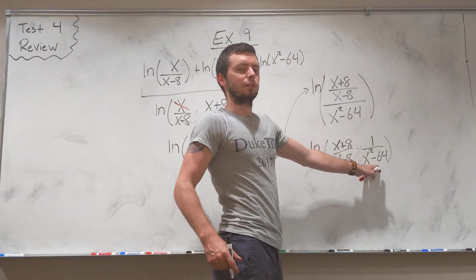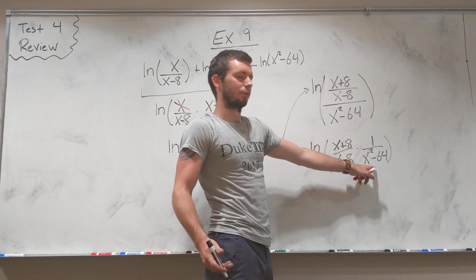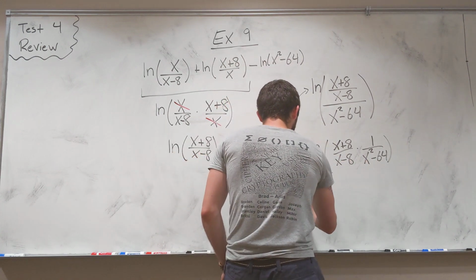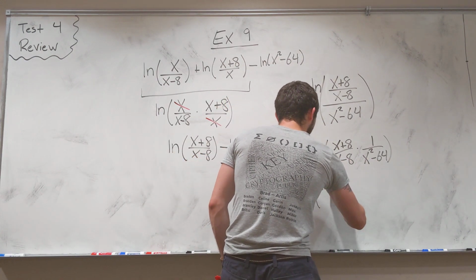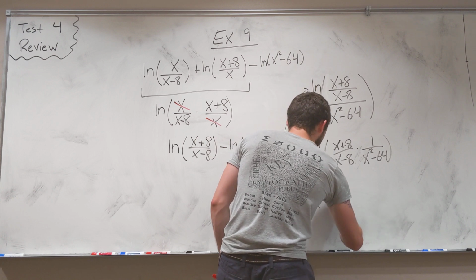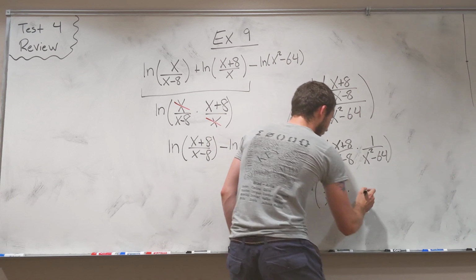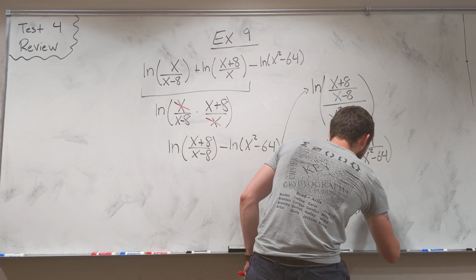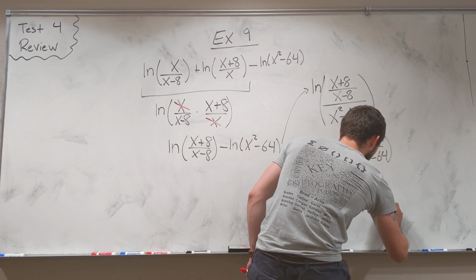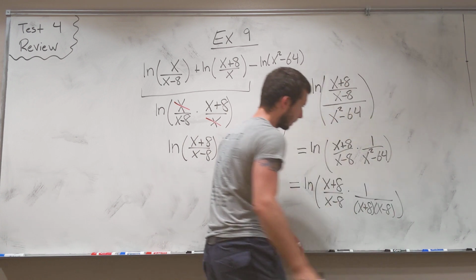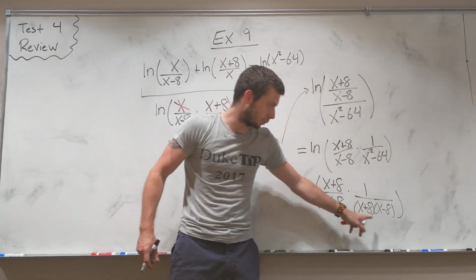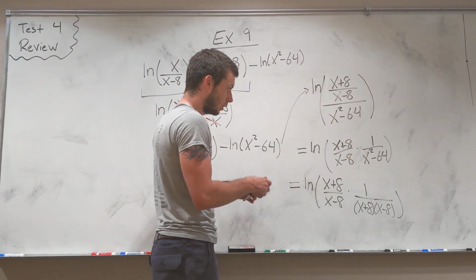And you might have noticed, you might have already done this actually. This is a difference of 2 squares. So we can go ahead and utilize that. And in fact, for good reason. Because once you apply that difference of 2 squares, so x squared minus 64 is x plus 8 and x minus 8.